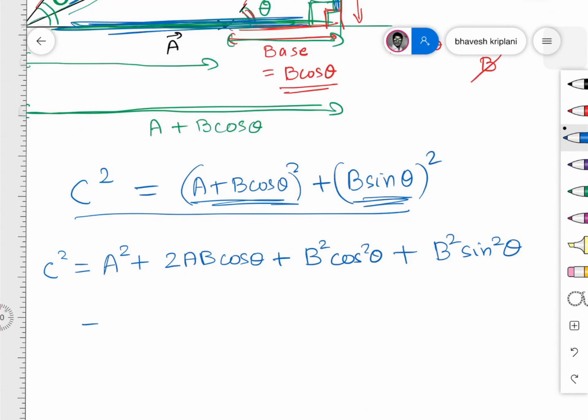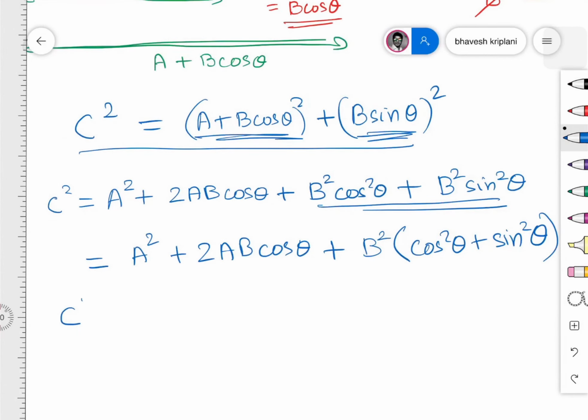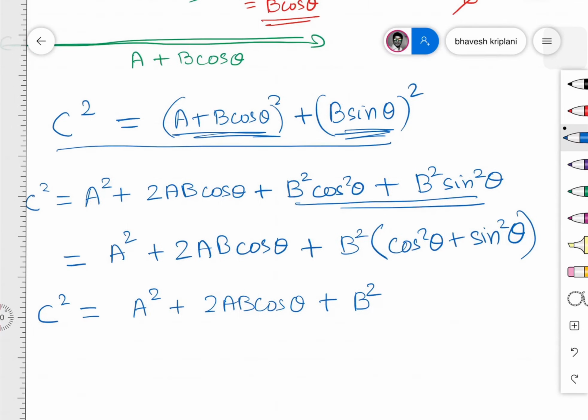Now this will be equal to A square plus 2AB cos theta plus, from here we take B square common, then we get cos square theta plus sin square theta. Then C square is equal to A square plus 2AB cos theta plus B square times this term over here, sin square theta plus cos square theta, which will be equal to 1.